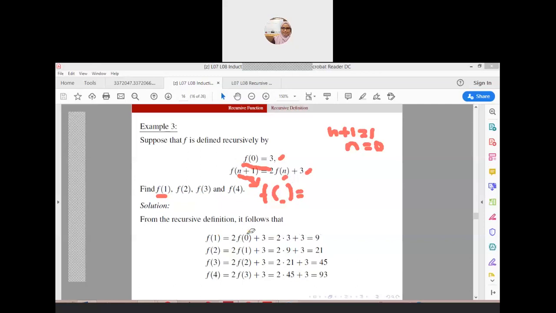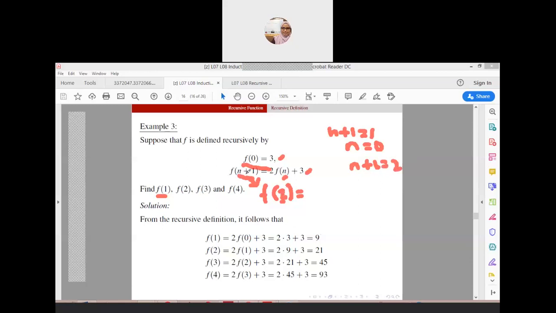Same goes for f(2). If you want to find f(2), so now our value here, n plus 1, becomes 2 because of f(2).